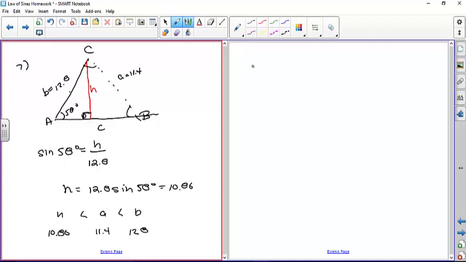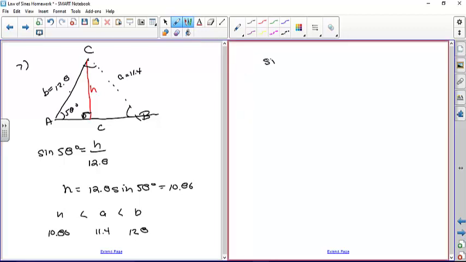So what we can do is use the law of sines. Sine of angle A over side A is equal to the sine of angle B over side B, which is the sine of angle C over side C. Because we know these two parts, the angle and the side length, we're going to first solve for angle B, where the angle is an obtuse or an acute angle.